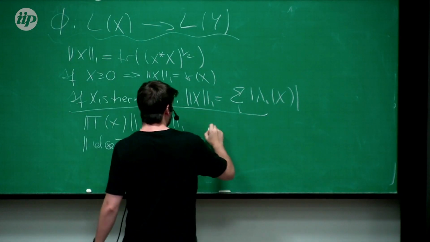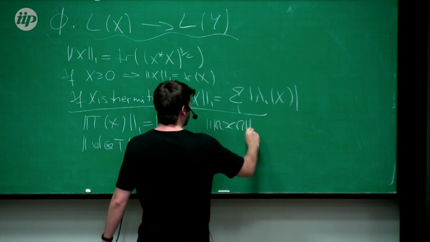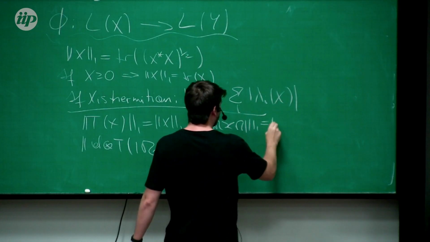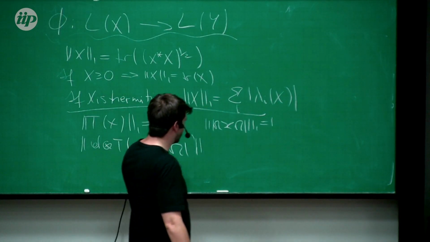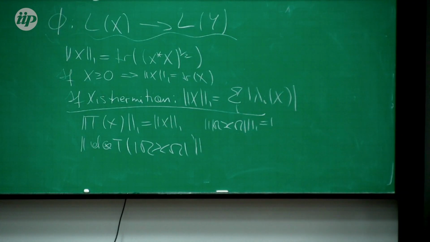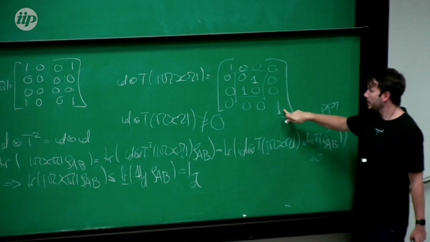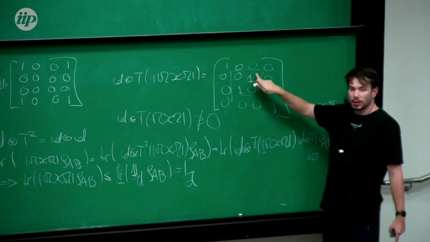So we know that the one norm of this guy, because it only has one eigenvalue, which is 1, is 1. But let's look at what the eigenvalues of this thing are. Well, certainly there's an eigenvalue 1, another eigenvalue 1, and the eigenvalues of this thing are 1 and minus 1.